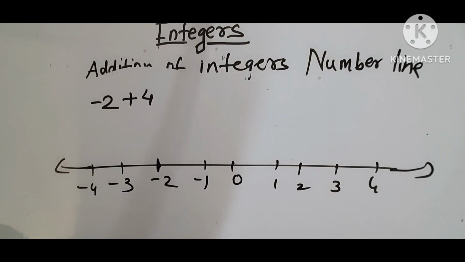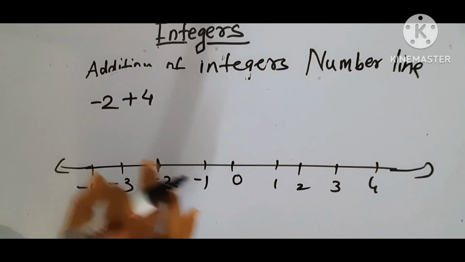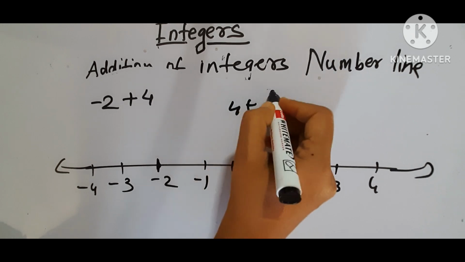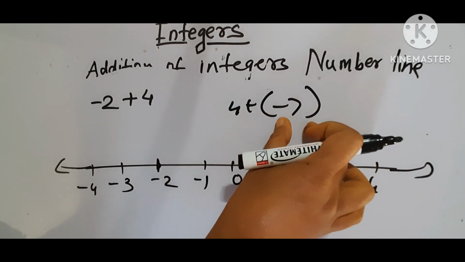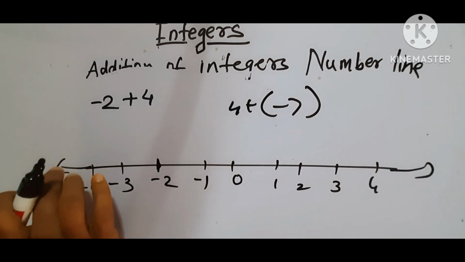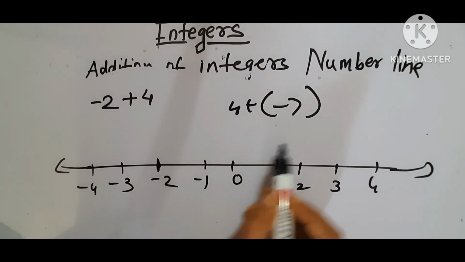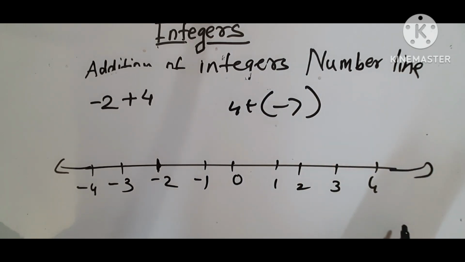Now it is plus 4, so we will go to the right. When it is minus, like in our previous sum, it was 4 plus -7. It was -7, so we were going to the left, to the negative integer side of the number line. In this case, it is -2 plus 4. So that's why we'll go to the positive side of the number line, to the right side of the number line.